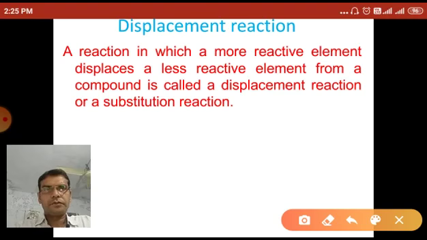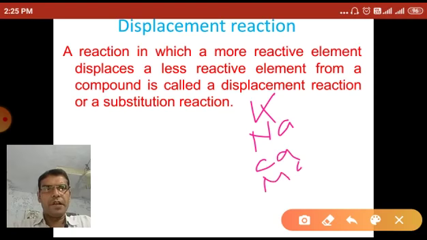Now, in the reactivity series, some metals are arranged according to their reactivity, such as potassium, sodium, calcium, magnesium, aluminum, and so on.